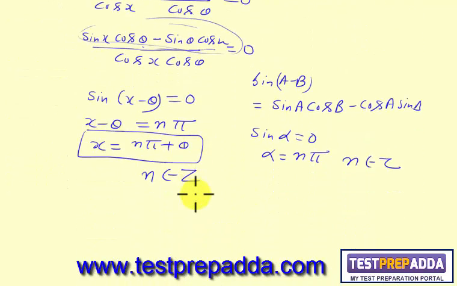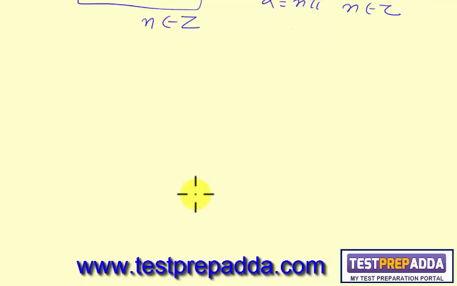So what conclusion we can draw from here? General solution for what? Tan x is equal to tan theta.